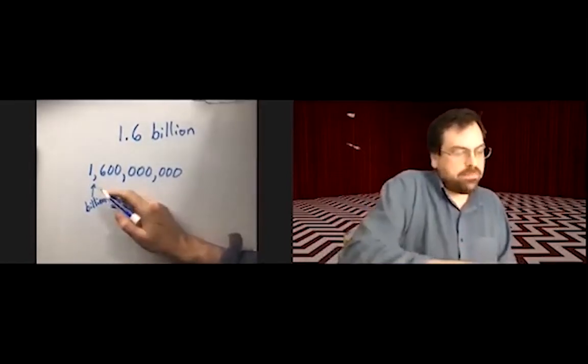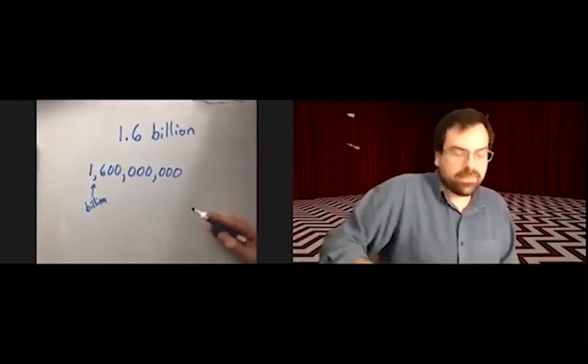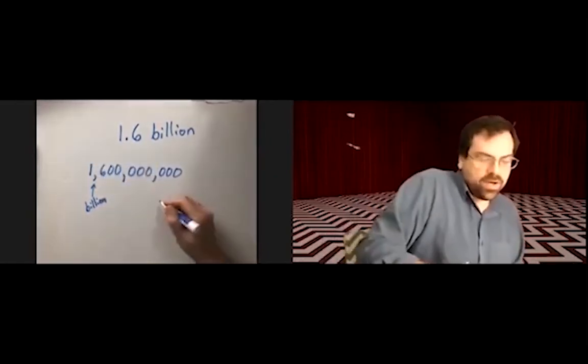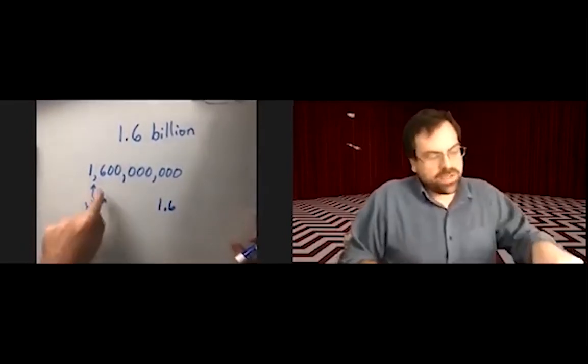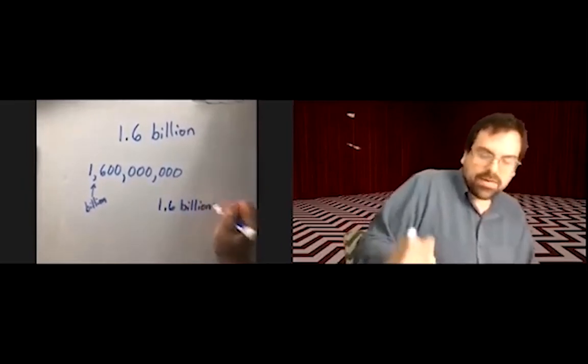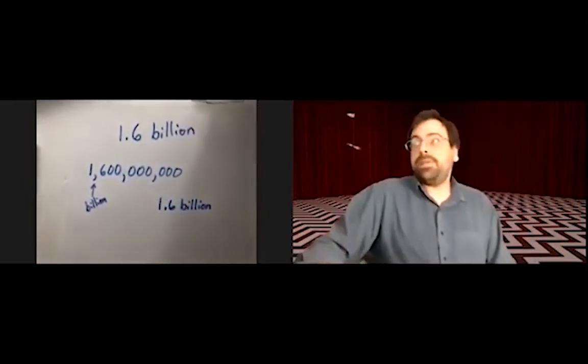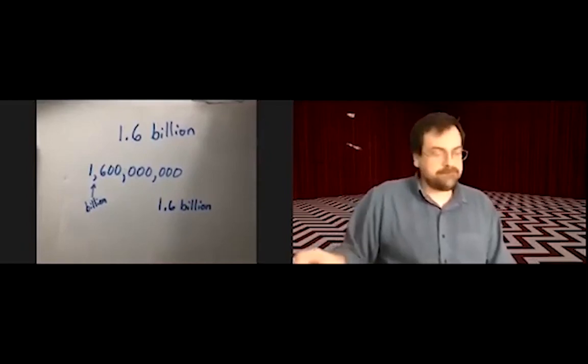So instead of 1,600,000,000, we can just go 1.6 and get rid of all those zeros. And what was that comma? It was a billion. 1.6 billion. So we can write really large numbers like that.